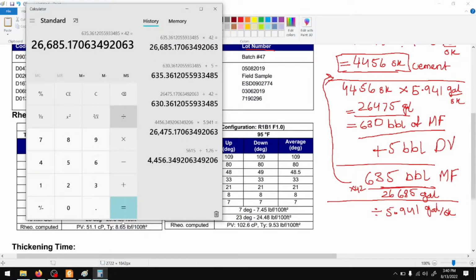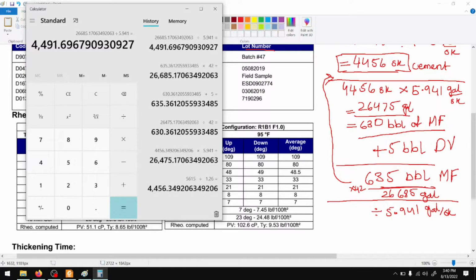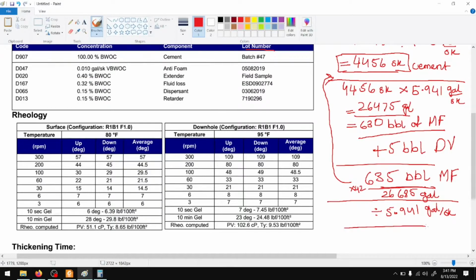That gives us 4492 sacks of cement, considering our dead volume.